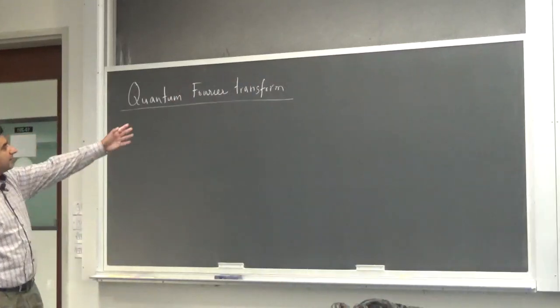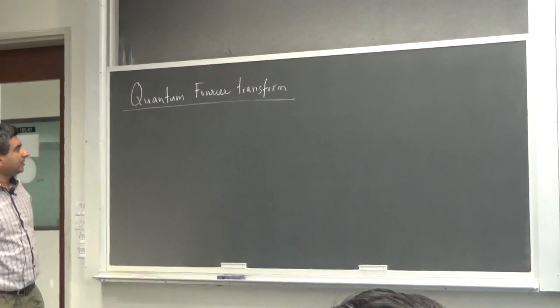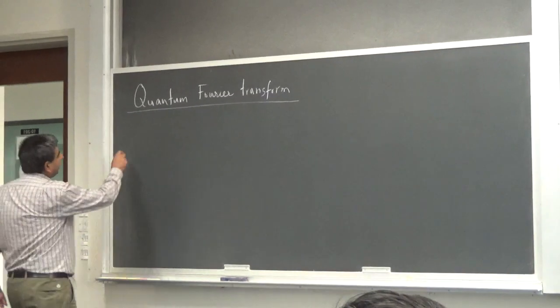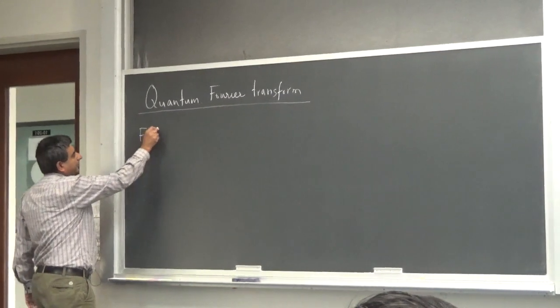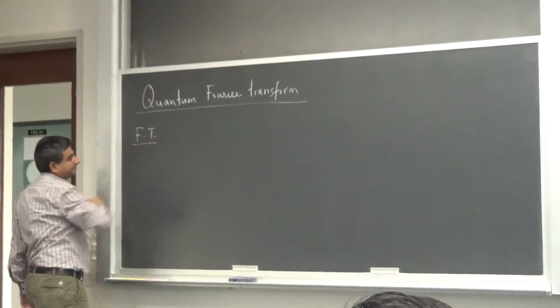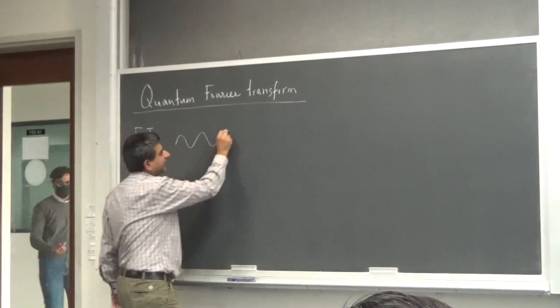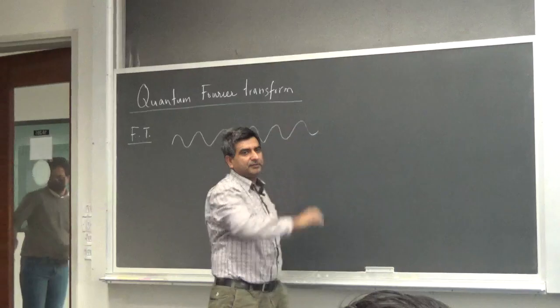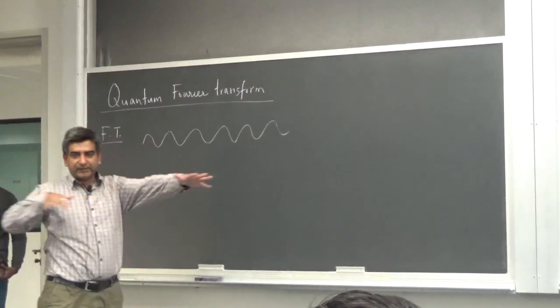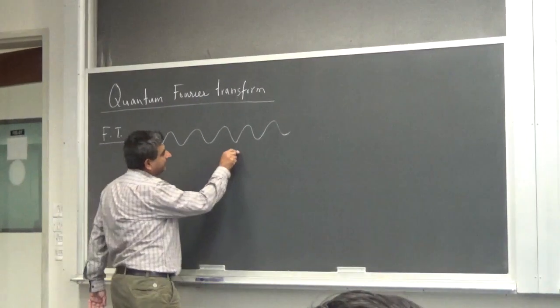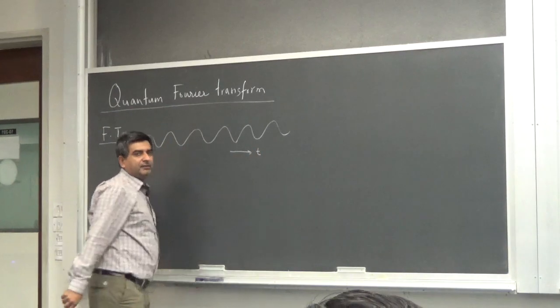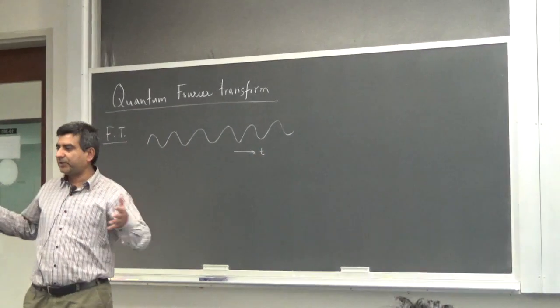So in order to discuss the quantum Fourier transform, I'm sure you've already seen the idea of a normal Fourier transform. So if I have a signal, and this lives in some space, for example, it lives in the time domain, then of course this signal has a particular expression.